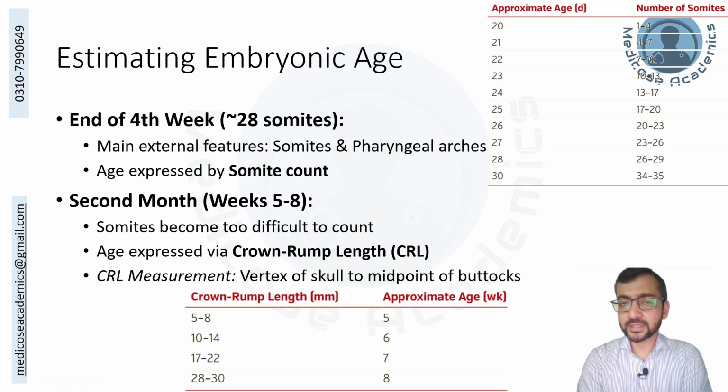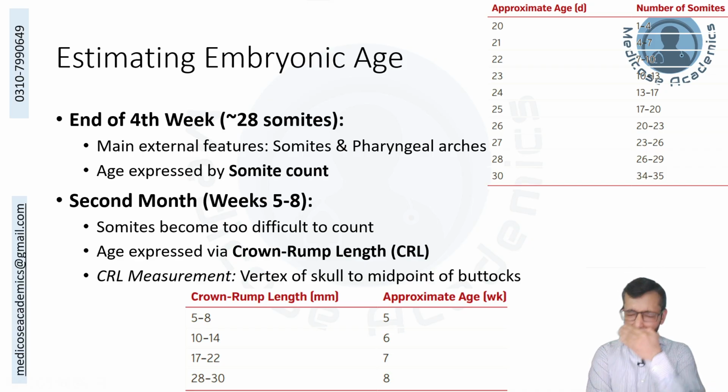The main thing that is helpful in the last week or last 2 weeks of the first month is basically the somites. You have a very specific number of somites for each day.